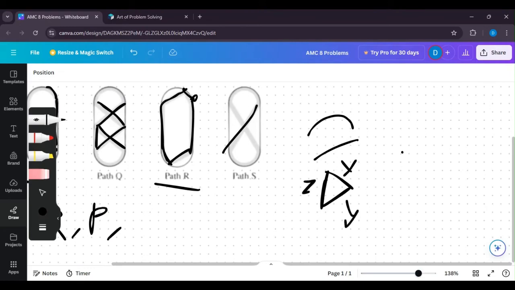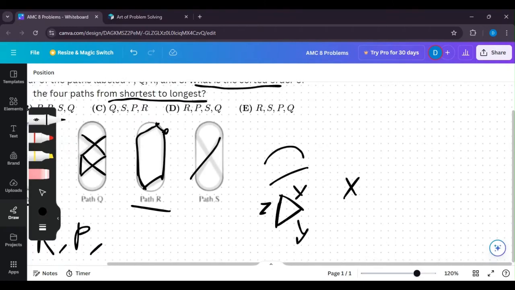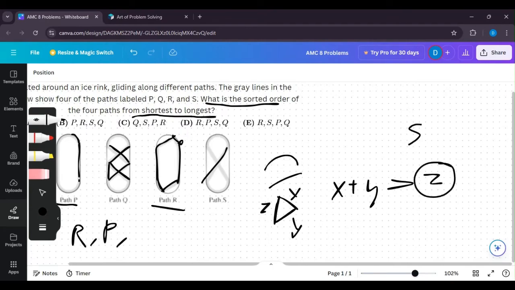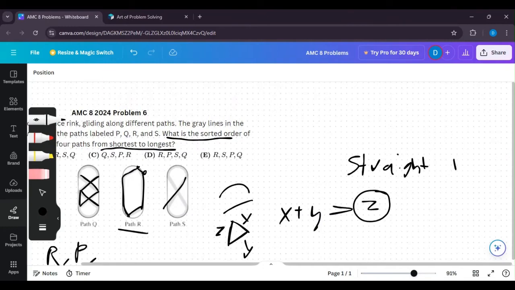So X, Y, and Z. The property of a triangle is that x plus y has to be larger, not equal to, larger than z. So the straight line is less distance than both of the other sides.